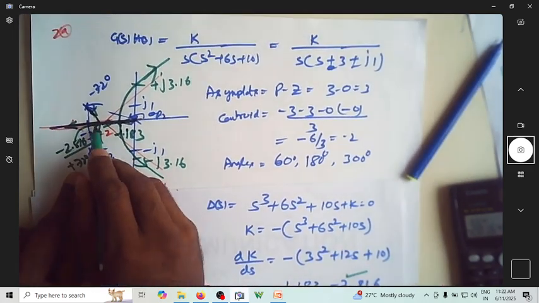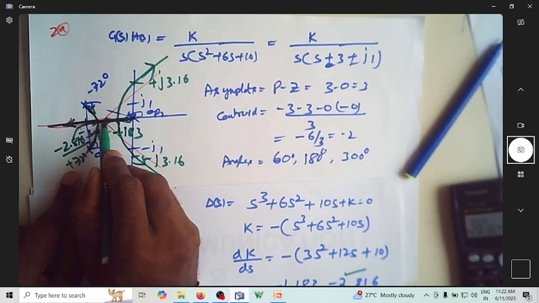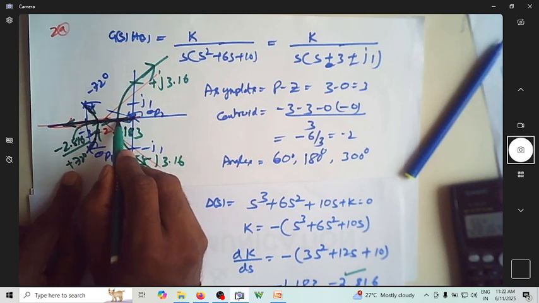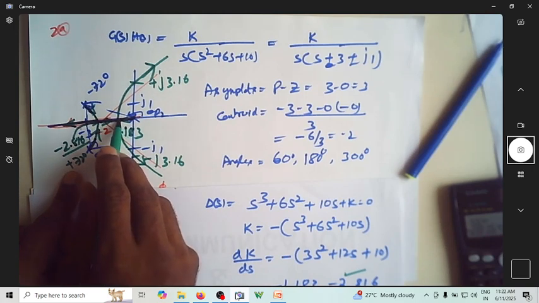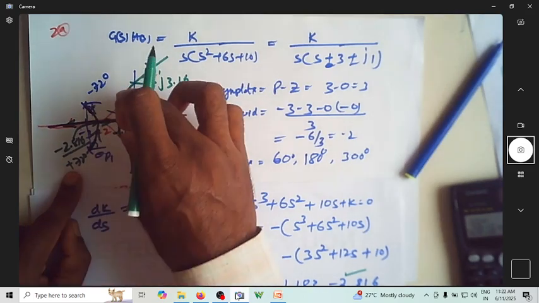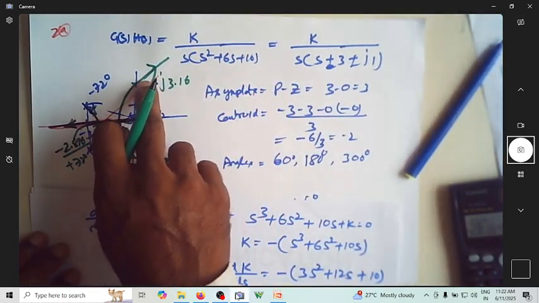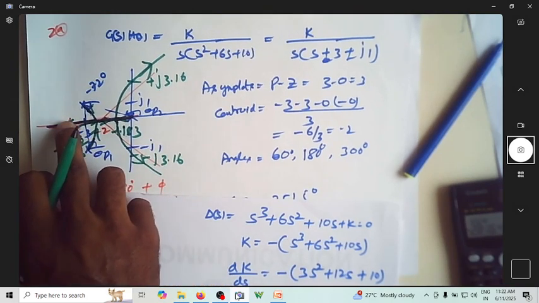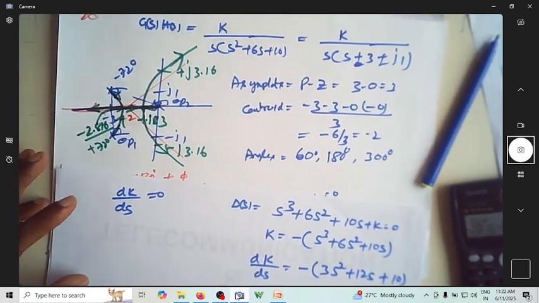And once they break, one will go to the left side, the other towards the right side. When it is going towards the right side, this will again come and break at minus 1.183. Once they break, it will become complex, and the roots will be guided by these two asymptotes which are there at 60 degree and 300 degree. This is taken care of by the asymptote which is at 180 degree.